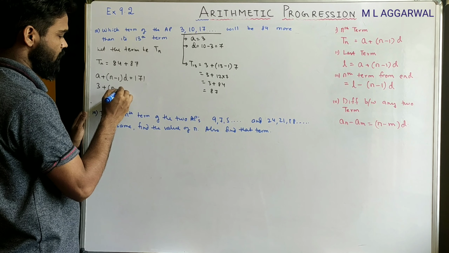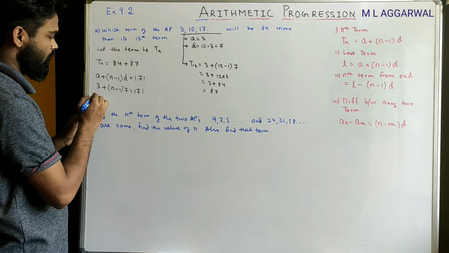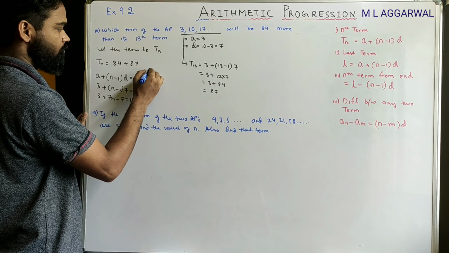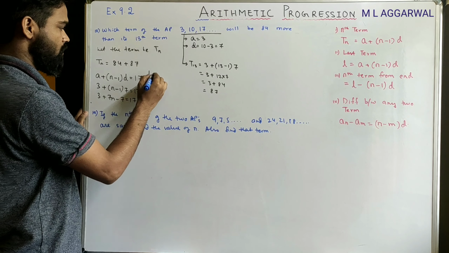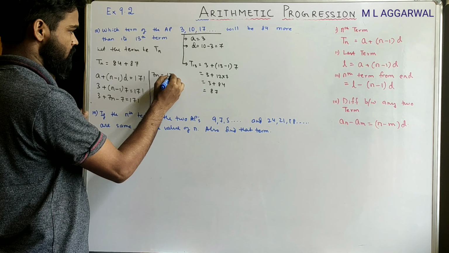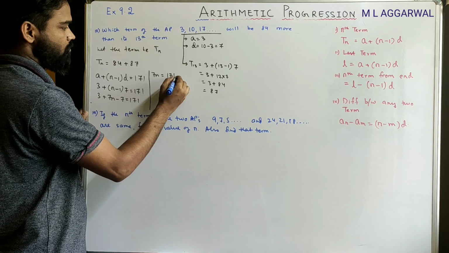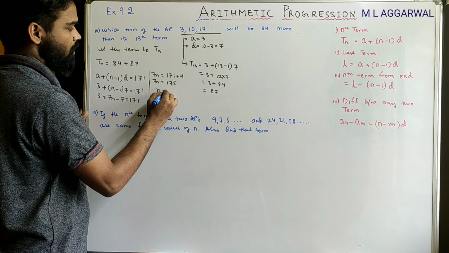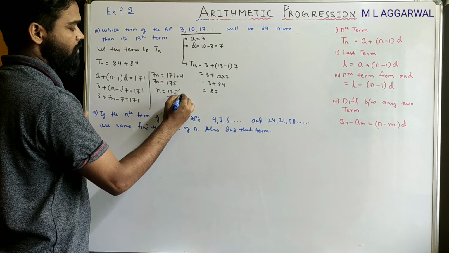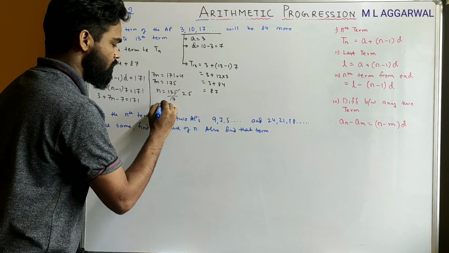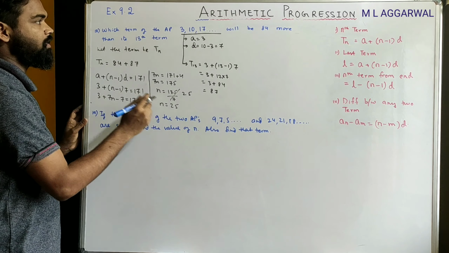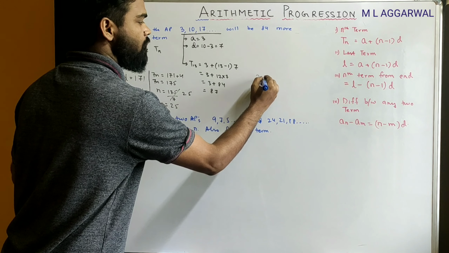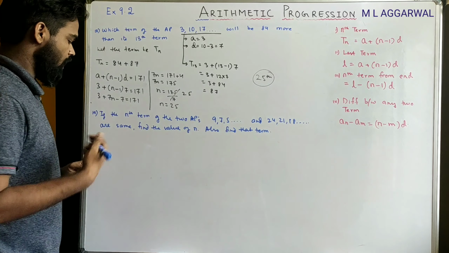So this is 3 plus n minus 1 into 7 equals to 171, which is 3 plus 7n minus 7 equals to 171, which means if you solve this, 7n equals to 171 plus 4, so 7n equals to 175. So n equals to 175 by 7, that's 25. So your 25th term will be 84 more than its 13th term, 25th term. Am I clear?